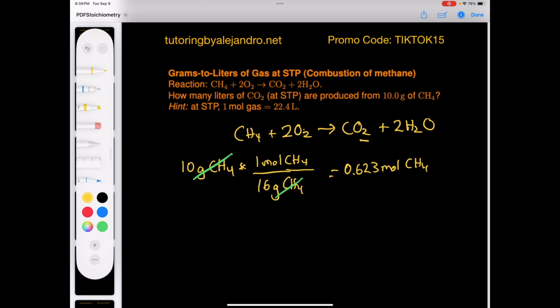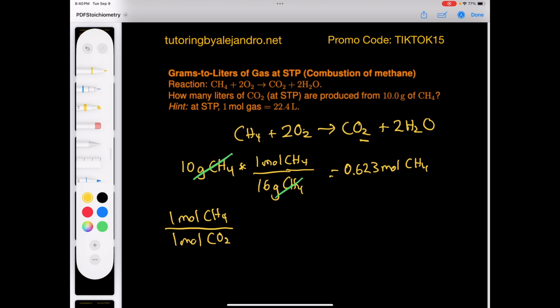So based on the chemical equation, we know that 1 mole of CH4 produces 1 mole of carbon dioxide. It's a 1-to-1 mole ratio.